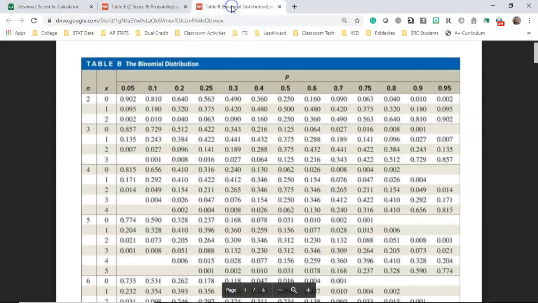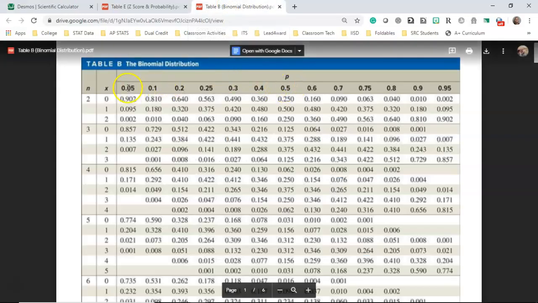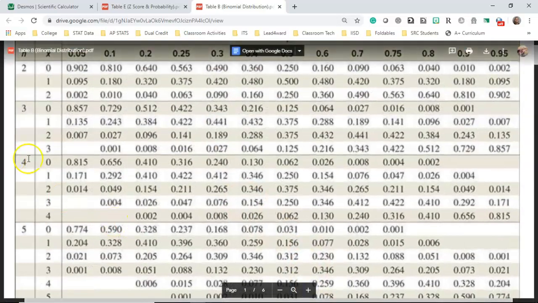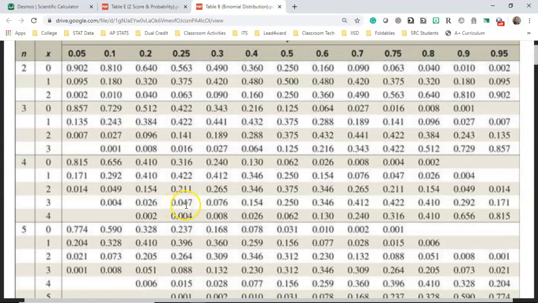Now in table B, if you notice up top here, 0.45 in that first problem was not in the table, so we couldn't use the table to find the probability. But 0.25 is, and so we can use this to find the probability. We just have to go to number of trials. And I'll zoom in here. There were 4 trials, and we wanted 3 successful outcomes, and 0.25 would be a probability of 0.047.